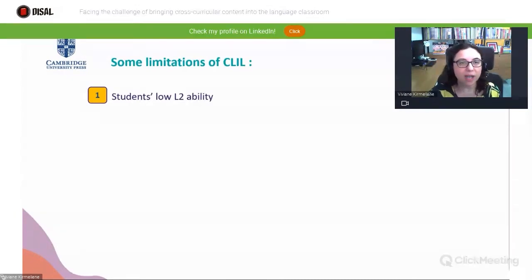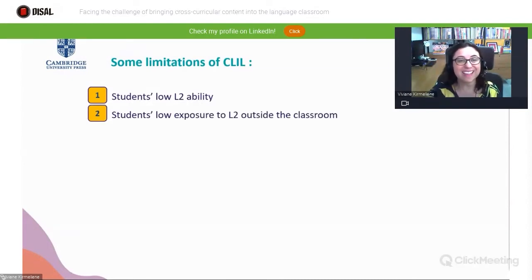Students' low L2 ability. Another limitation, and this is a problem here in Brazil, a limitation for us, is a lower exposure to the additional language outside the classroom. So if you're talking about, for example, migrant communities in European countries, let's imagine a Thai person living in London, not London, because in London we have people speaking languages from all over the world.